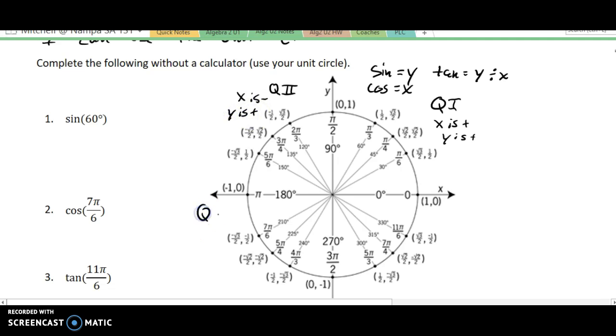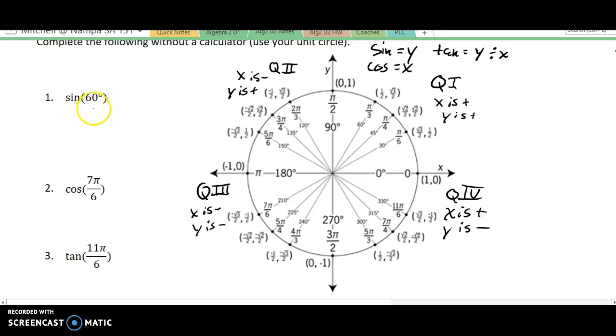In quadrant 3, x is negative, y is negative. In quadrant 4, x is positive, y is negative. Now that's important because if x is negative, so is cosine. If y is positive, so is sine. And then we need to divide them to find out what tangent is. We'll talk about that more later.